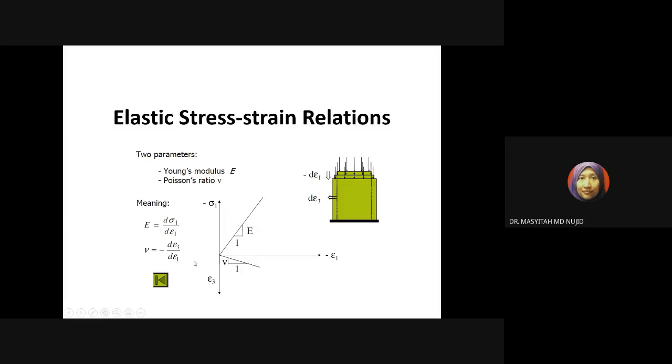And then in order to have the Poisson's ratio, this is the relation of the changes in the lateral to the changes in the longitudinal. So the negative sign indicates the sample is in compression.